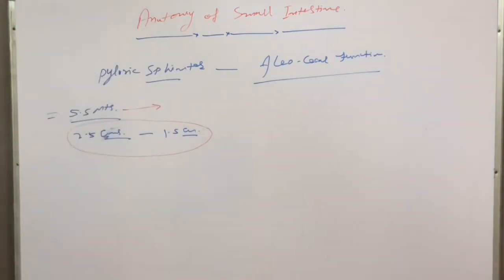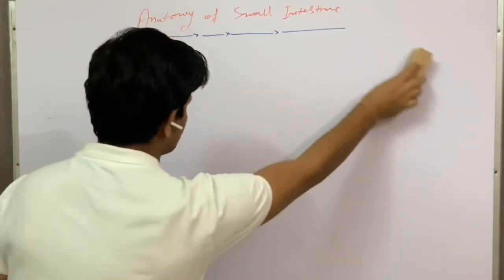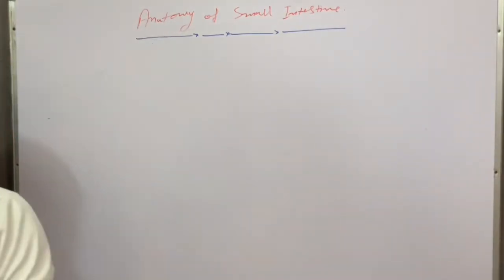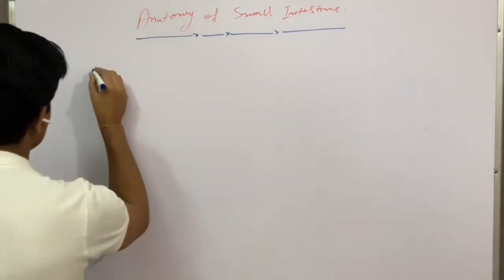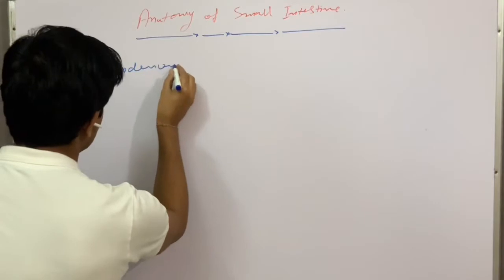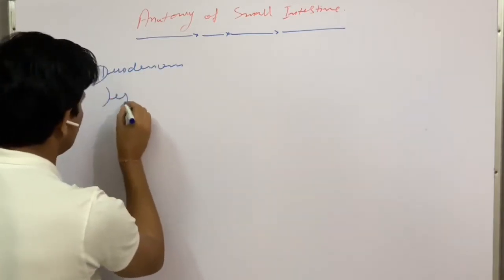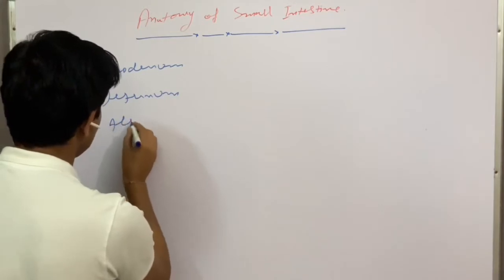The small intestine has three basic parts, three basic regions. One is the duodenum, the second is the jejunum, and the third is the ileum.